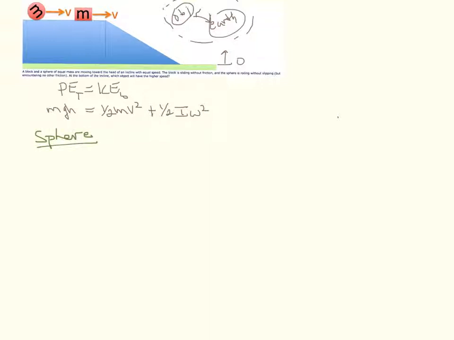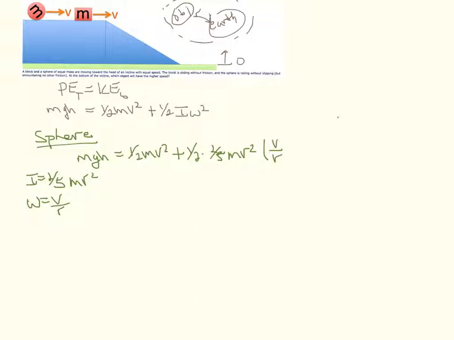For the sphere, mgh is equal to 1/2 mv squared plus the I for a sphere, which is 2/5 mr squared, so I get 1/2 times 2/5 mr squared times omega squared. I get that I just by looking it up in a table. But I also know that omega is equal to v over r, so let me plug that in, omega squared is v over r squared.